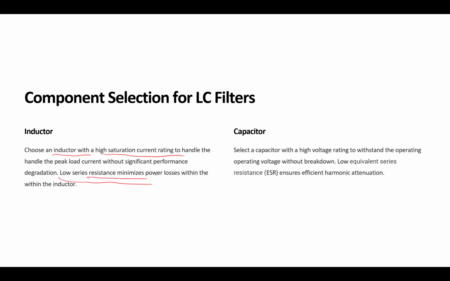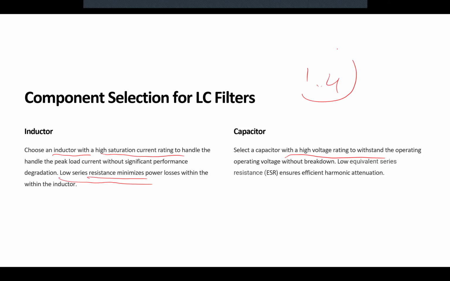Now, the capacitor has to tolerate the voltage that you are working in. It's not like a capacitor can work at any voltage. That's in theory. In practice, if you overvoltage a capacitor, if I don't make a mistake, the standard for testing a capacitor is 1.4 of the nominal voltage.